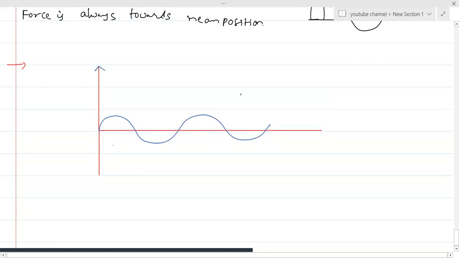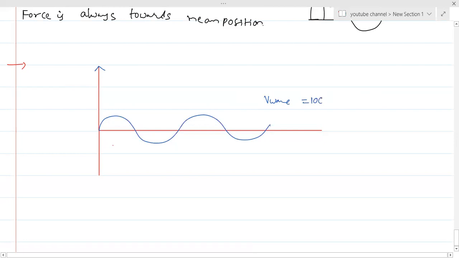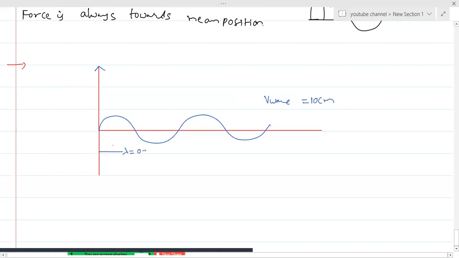The velocity of the wave is propagating 10 centimeters. Also in the question, the wavelength is given as 0.5 meters, and the amplitude is given as 10 centimeters.